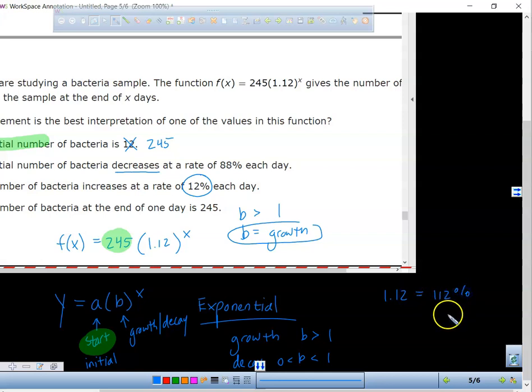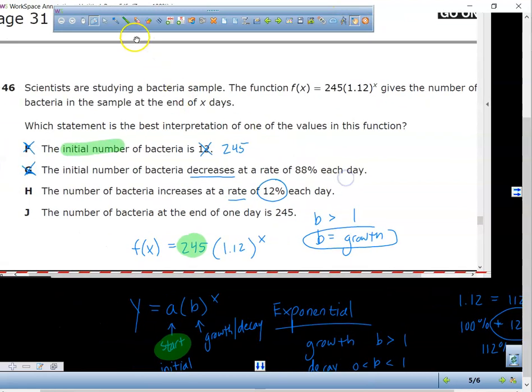That's 112%, which means we had 100%, and what are we adding to the bacteria every single day? We're adding 12%, and that's why it's 112%. This is the increase. So it increases at what rate? At a 12% rate. That's why the answer is answer choice H.